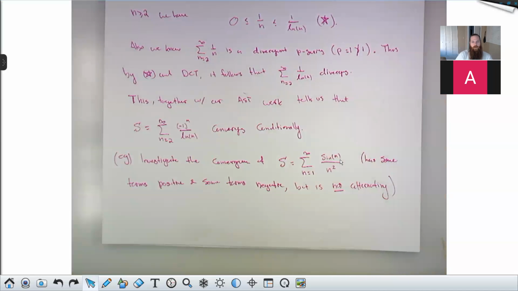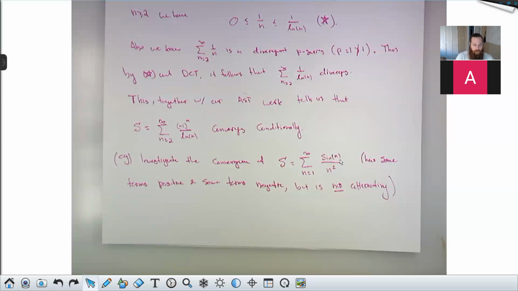And that makes this a very challenging series to work with because the only tests we've got require everything to be positive, like the comparison test and the integral test, or the alternating series test, which requires every other term to flip. And this doesn't do any of those.